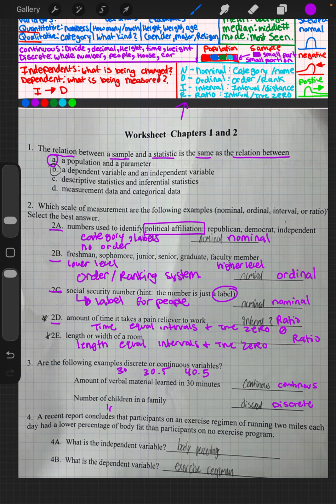But you can only have 1, 2, or 3 kids. You can't have 1.5 kids.